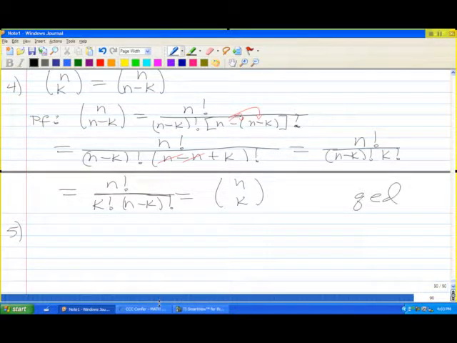Next, nCk minus 1 plus nCk is n plus 1 Ck.